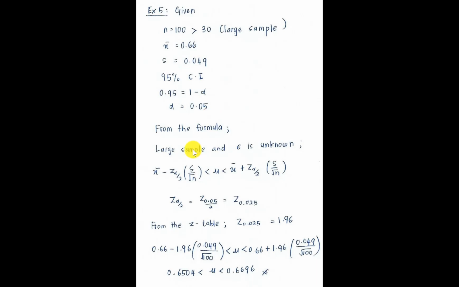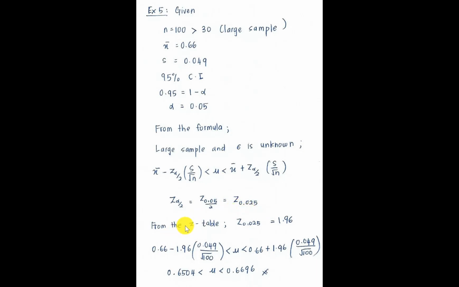So this is the formula for a large sample where the standard deviation of the population is unknown. So we have x bar minus z alpha divided by 2 times s over root n. Now we want to calculate the z alpha divided by 2. We already have alpha 0.05 divided by 2, then we get 0.025.